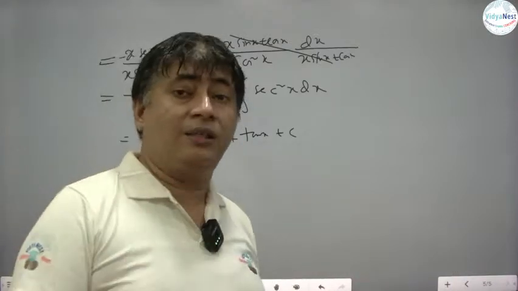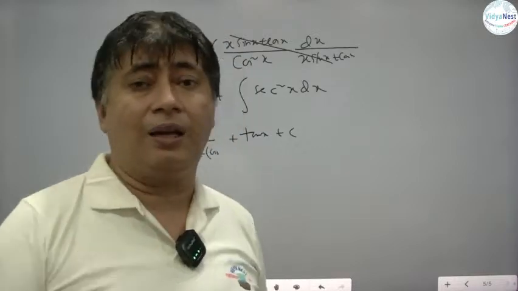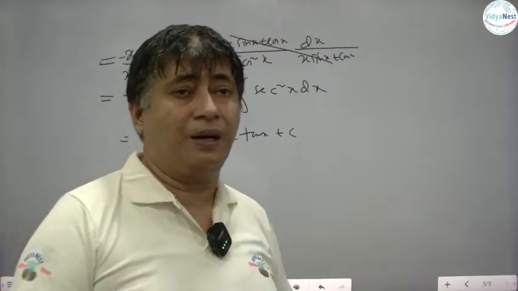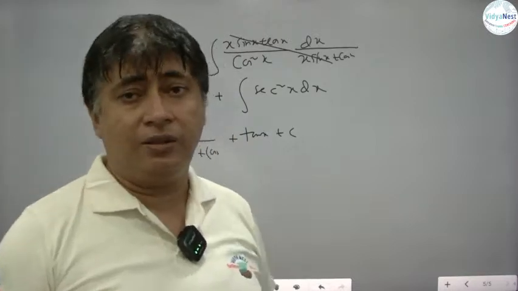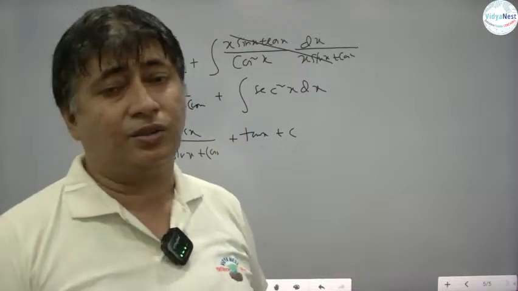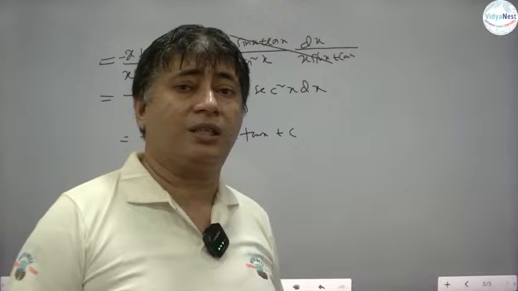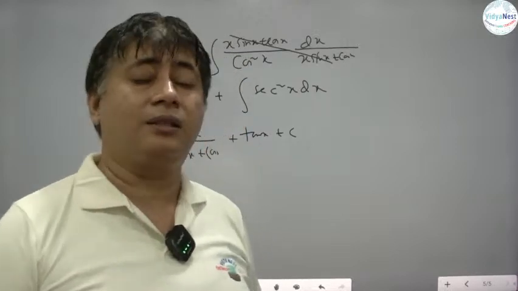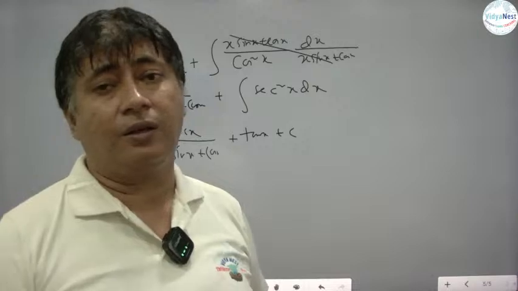Frequently it came. Hope whatever I have explained for class 12 you have understood, but in a short span it cannot be captured. So you keep on seeing our channel and contact us as soon as possible for more classes, more information, more knowledge, and that will help you in preparing for JEE level.